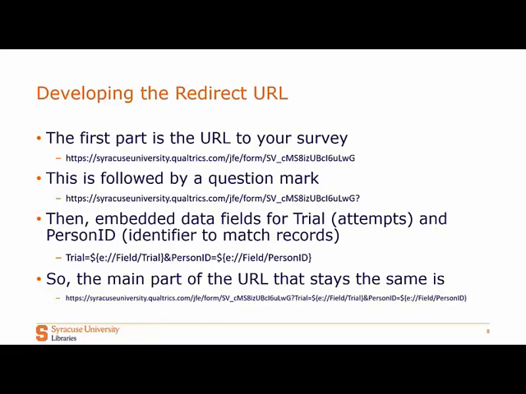So the main part of the URL that always stays the same looks like this. As you can see, that gets quite long and a bit complicated, so I strongly suggest developing this URL in a word processor or something like Notepad, and then you can always just copy and paste it back into Qualtrics.